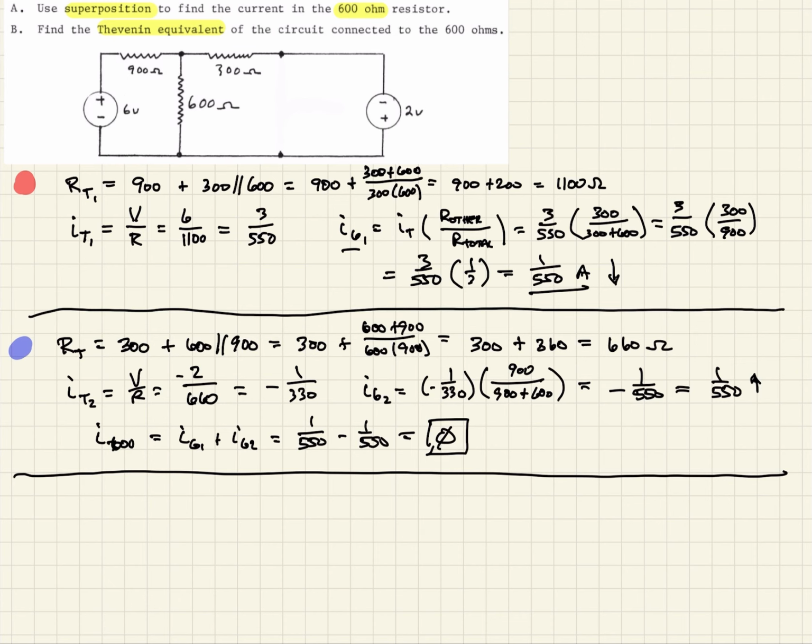Now what they're saying is, if we were to take the 600 ohm resistor out of the circuit and we're just left with terminals, which I'll do in red, here and here, what would be the Thevenin equivalent seen by that circuit?